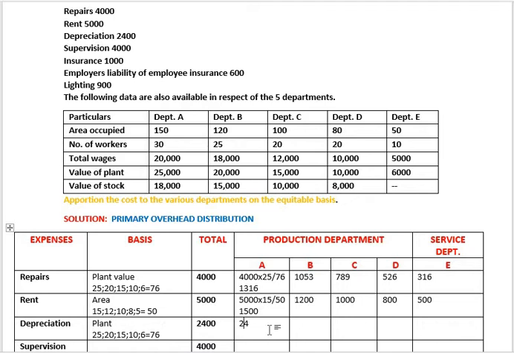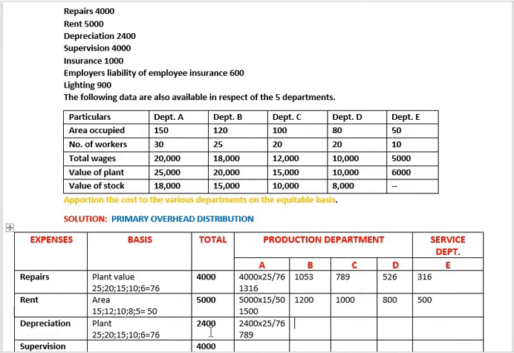So 2,400 into 25 divided by 76. So how much will you get? We will get 789. So this is for department A. Similarly distribute for department B. 2,400 into 20 by 76.